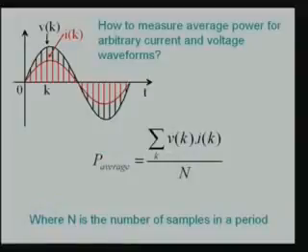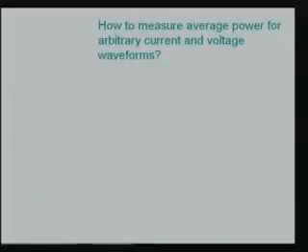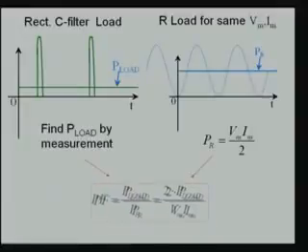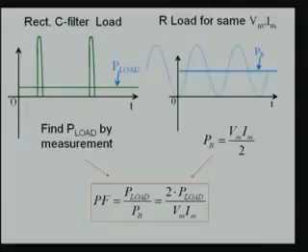One thing you should keep in mind here is what would happen if the power factor is low. If the power factor is low, it means that P load is low, which means there is quite a difference between P load and Pr for the same Im Vm.